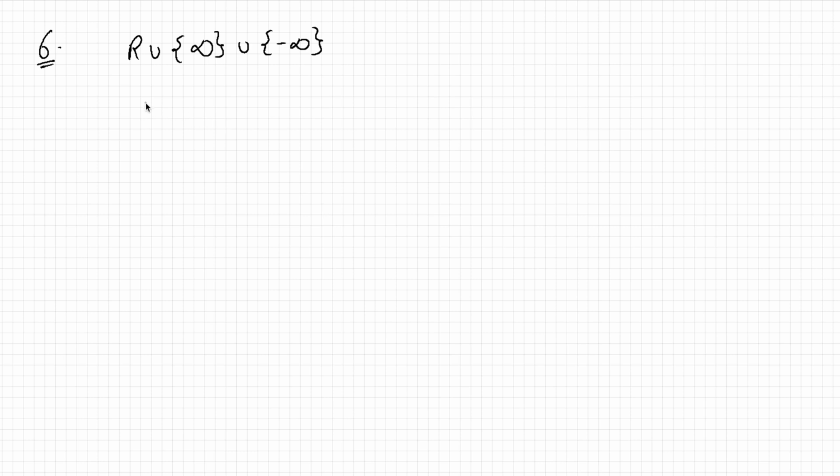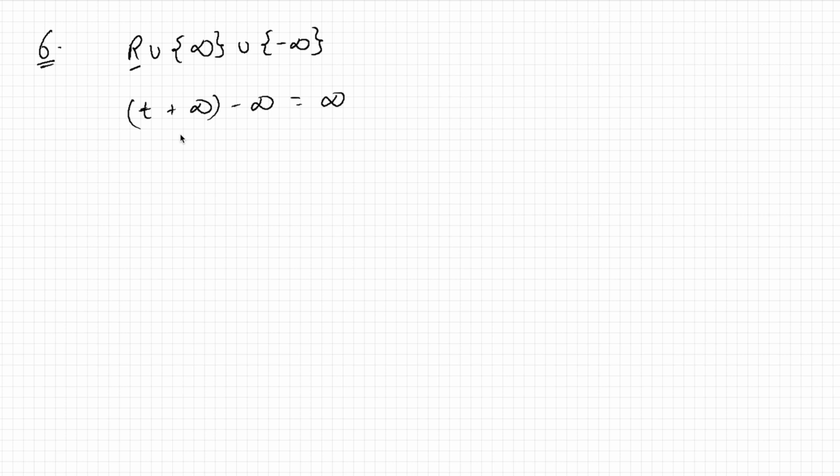So let's take any t, where t belongs to R. If I take the elements t plus infinity plus minus infinity, what would it be? So t plus infinity is infinity.